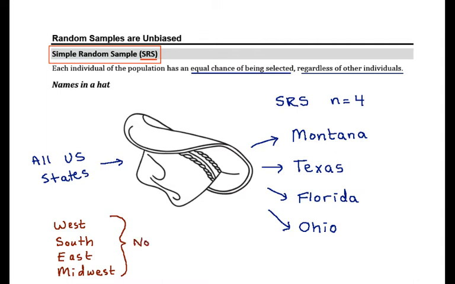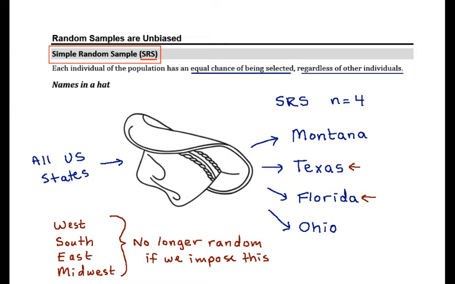This would not be a simple random sample if we impose this constraint. And in our sample, we can see Texas and Florida both pretty much qualify as South, but we did get some spread in our sample.